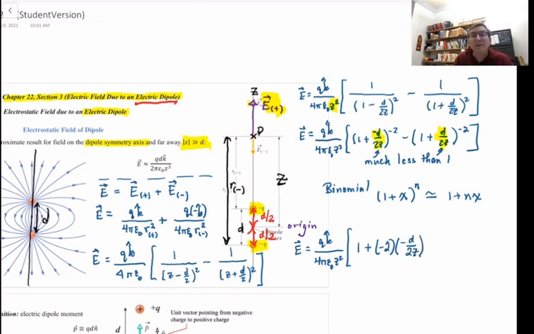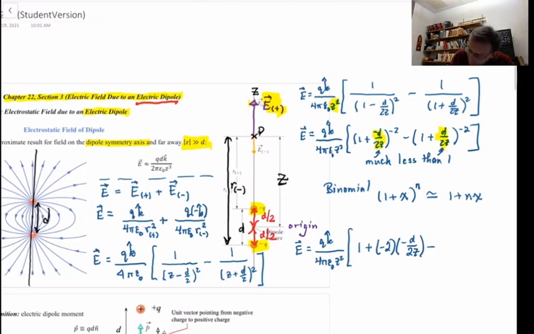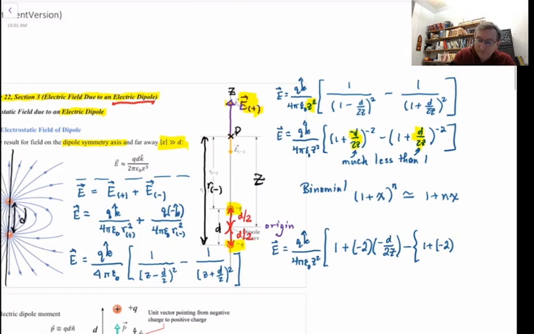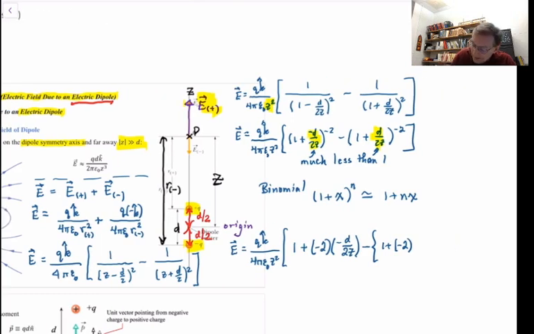That's applying the binomial approximation to the first binomial. Then I have minus. Now I'll apply the binomial approximation to the second binomial. I'll use curly brackets. 1 plus n negative 2 times x, d over 2z, close curly bracket, close square bracket.